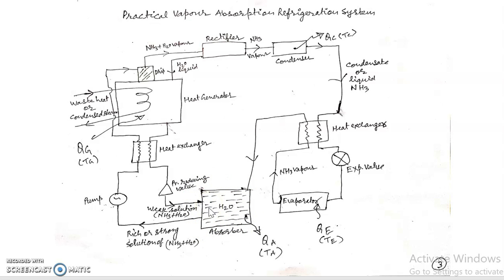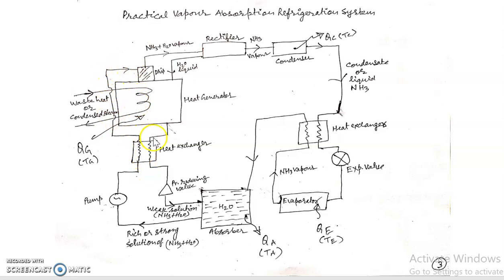In the absorber, a rich mixture of aqua ammonia is obtained, and this rich mixture is sent to the heat generator by this small pump, and the role of the pump is just to pump the solution. Since it is a liquid, it is an incompressible fluid, so only a small amount of energy is required to pump it. Note that this is not condensate but the rich or strong solution of aqua ammonia. This aqua ammonia is passed through a heat exchanger before going to the generator.